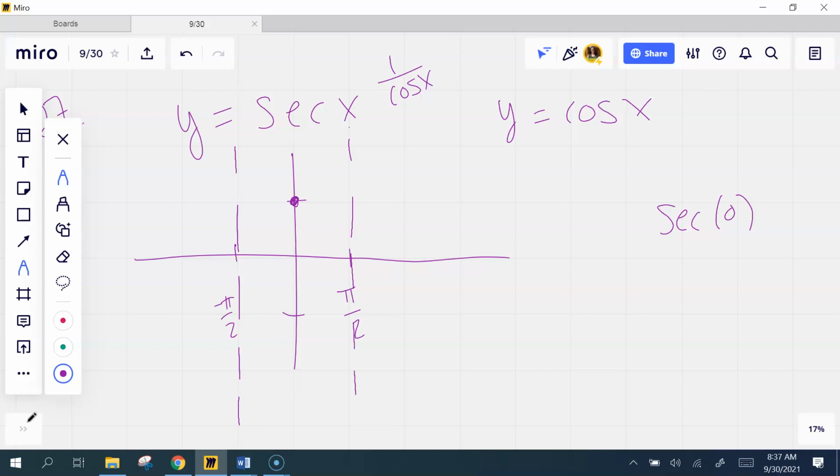Secant is 1 over cosine, and cosine of 0 is 1. So it's 1 over 1. So what is the secant of 0?